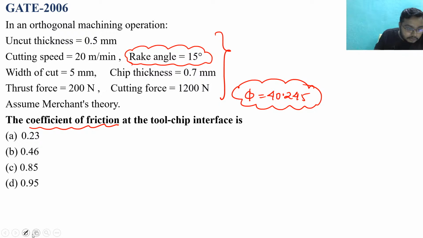Okay, and in this question it has been told to assume the merchant's theory. So you have to assume the merchant's theory and find the answer. Tell me the answer.